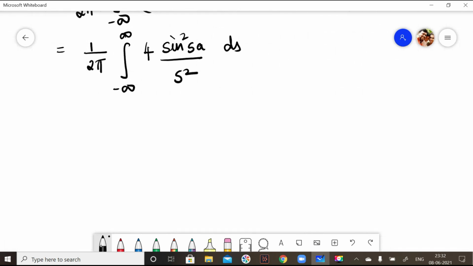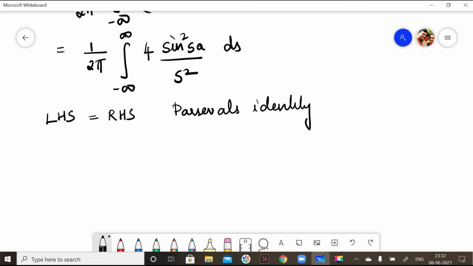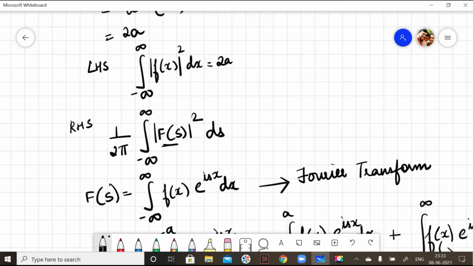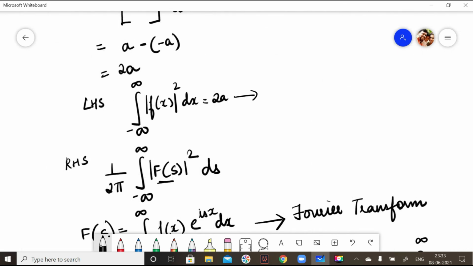Now I equate my LHS to my RHS, which is Parseval's identity. This is my LHS, I mark this as 1, and the value is 2a.